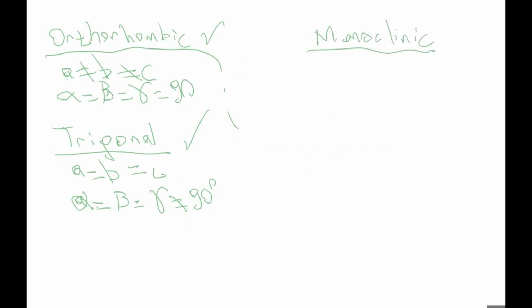Monoclinic crystal system: A is not equal to B, which is not equal to C, but alpha is equal to gamma, which is equal to 90 degrees, but beta is not equal to 90 degrees. And I think we are only left with triclinic.